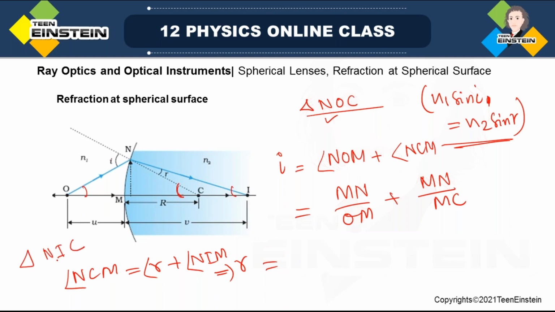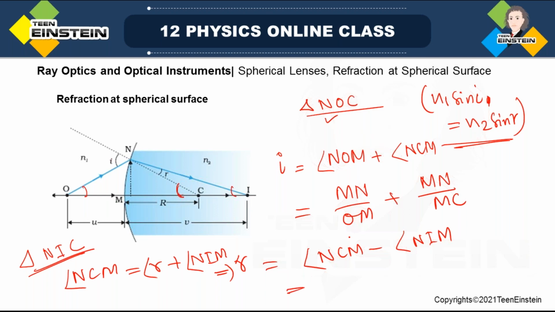So you are taking this as a triangle now, the triangle NIC. For this triangle, angle NCM is the exterior angle, and from there we can get that angle R is equal to NCM minus NIM.